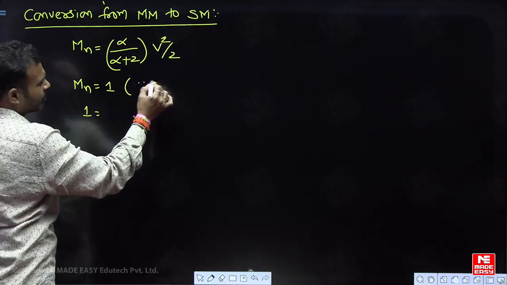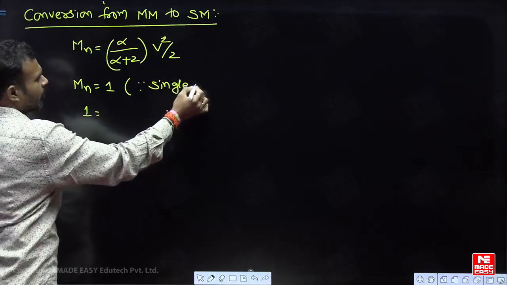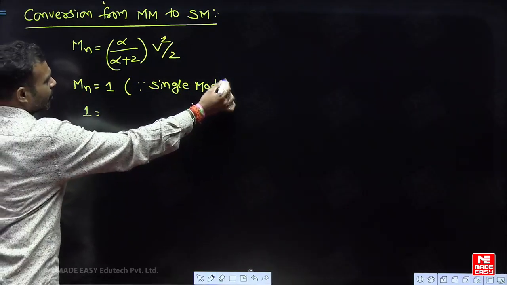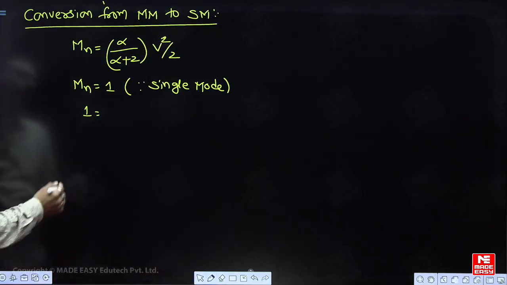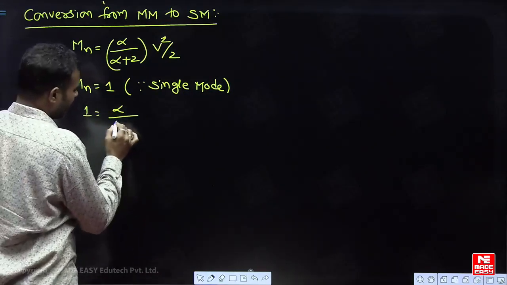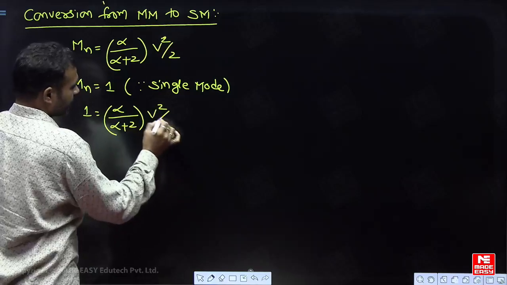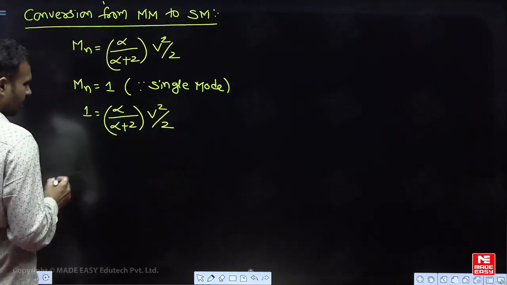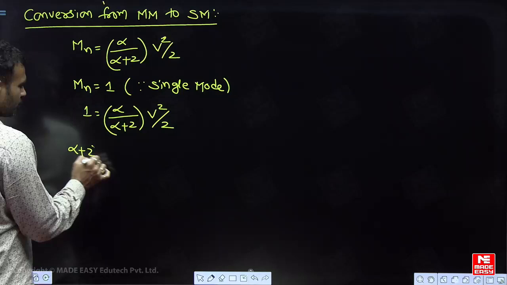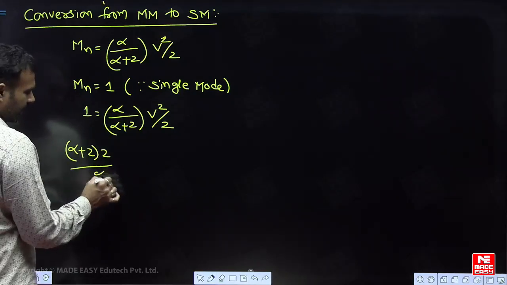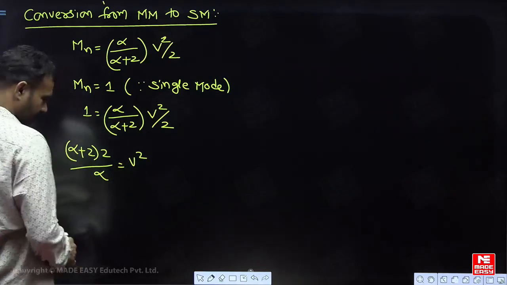Why am I writing like this? Because of single mode conversion. Single mode means the number of modes will be equal to 1. So 1 is equal to alpha divided by alpha plus 2, into V square by 2. Therefore, alpha plus 2 into 2 divided by alpha is equal to V square.